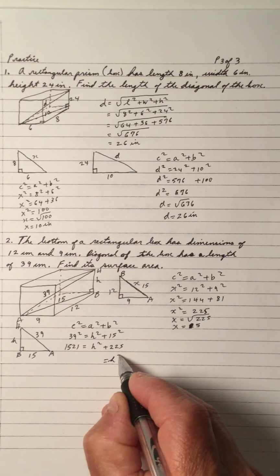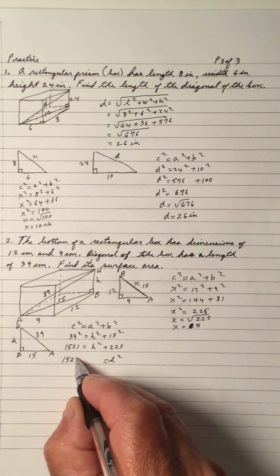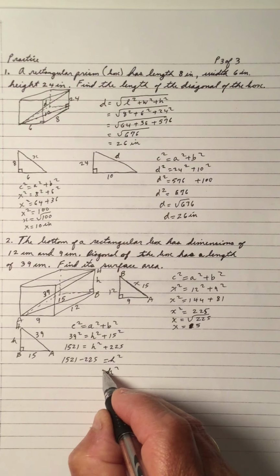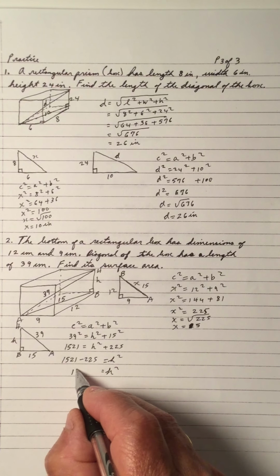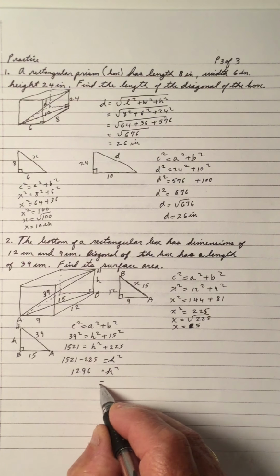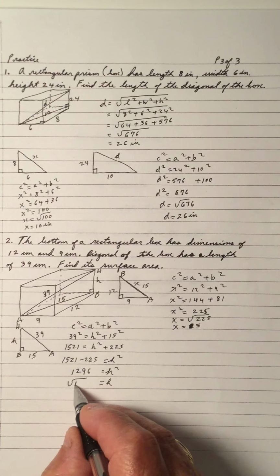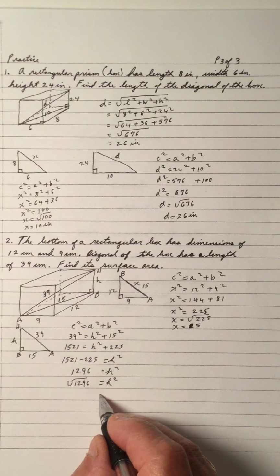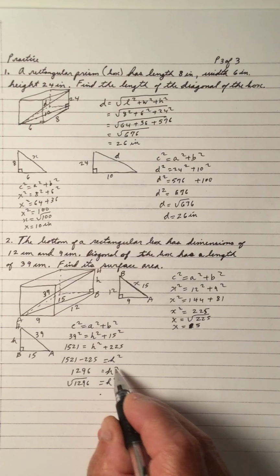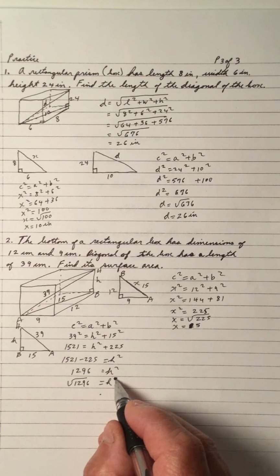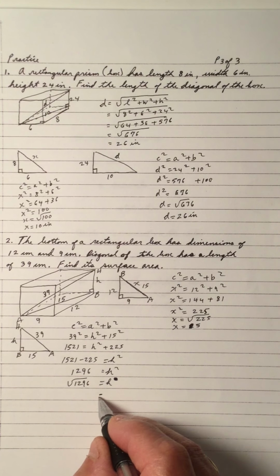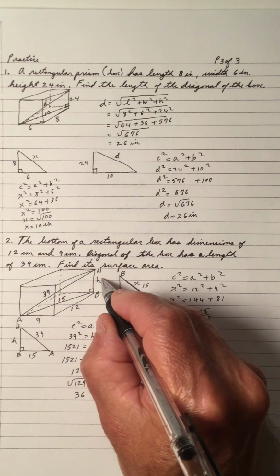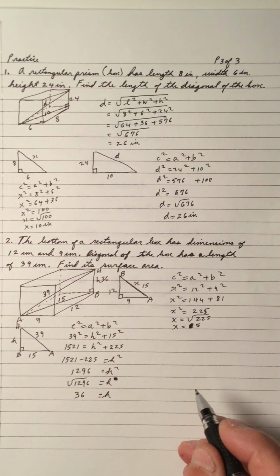So H squared is 1521 minus 225, so H squared is 1296. So H is the square root of 1296, so H is 36. So the height of the box is 36.